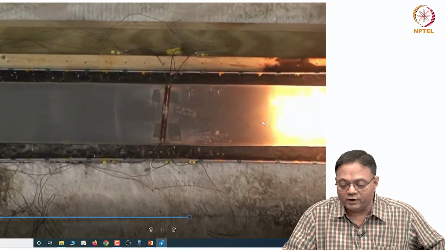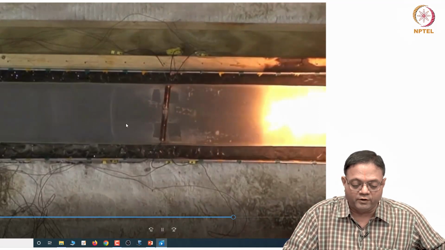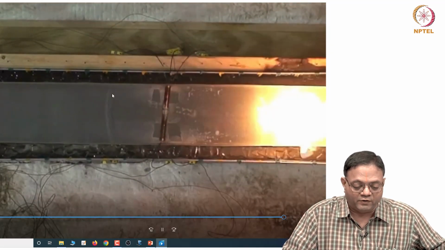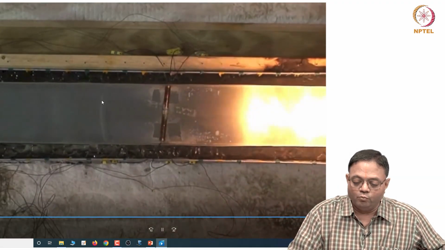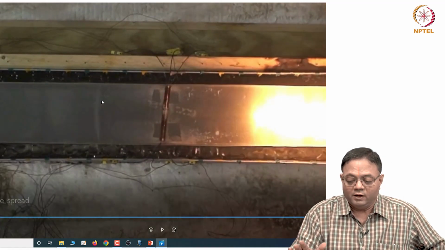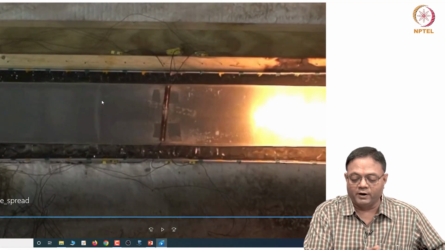From the ignition location there is a movement of the liquid layer, and you can see the surface slowly moves from the right to the left as the flame propagates.